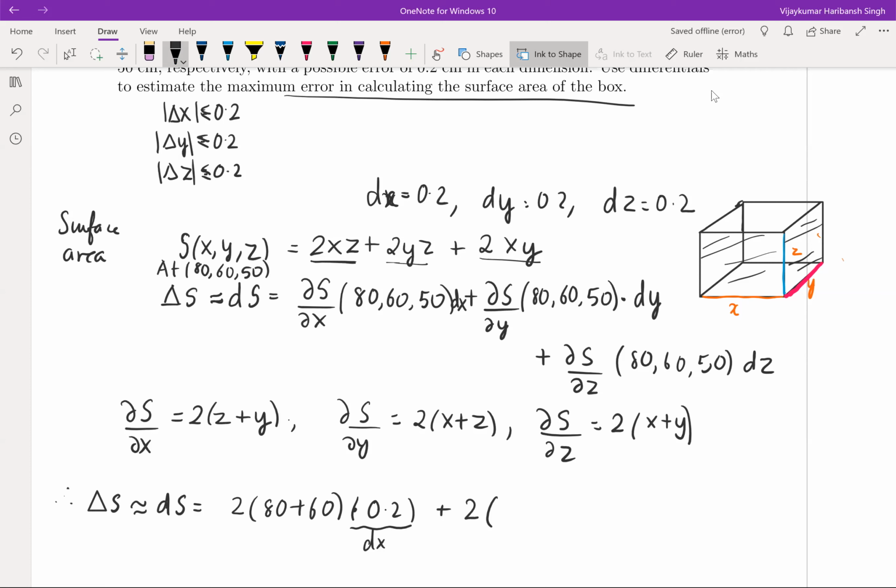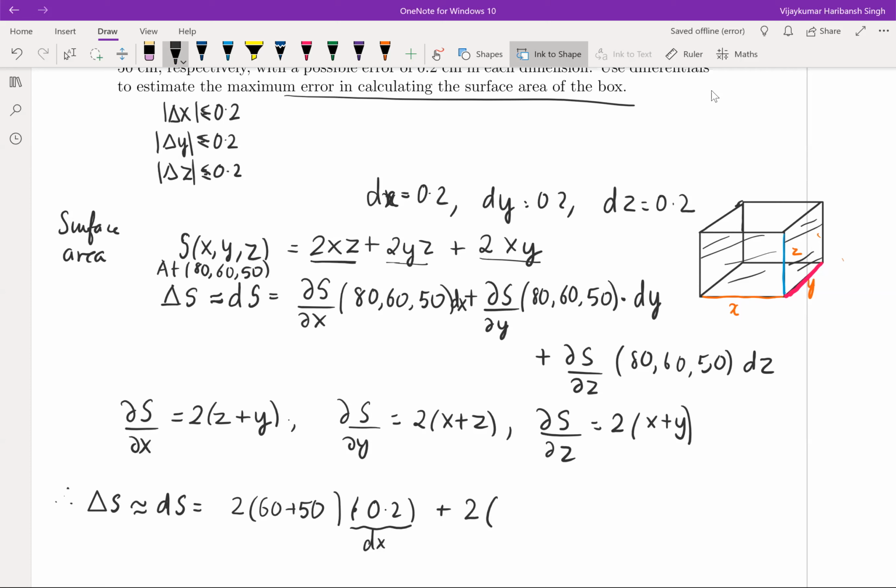So z plus y. Okay, that's an error. Good that I caught it here. So here we get z plus y, which is 60 plus 50.